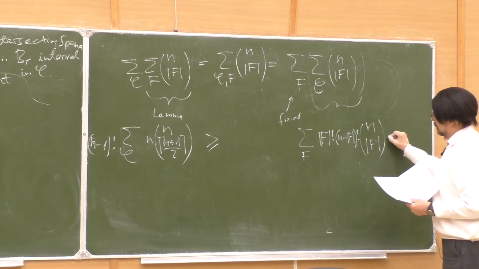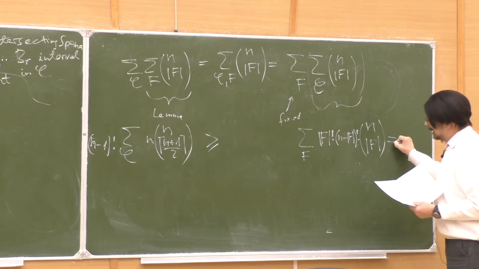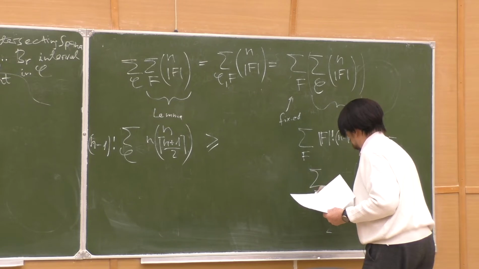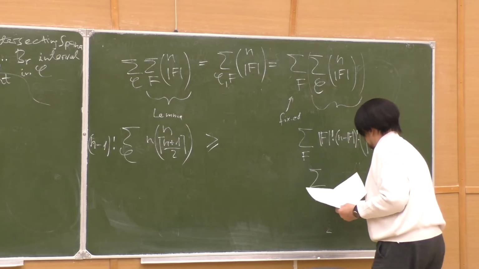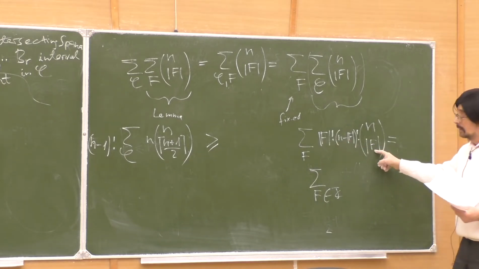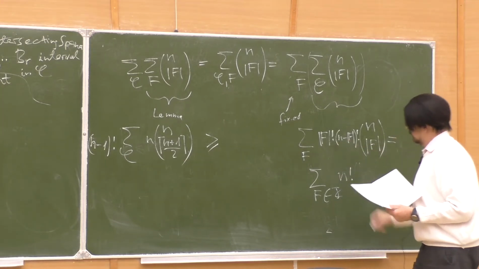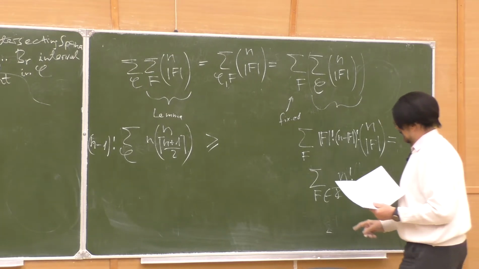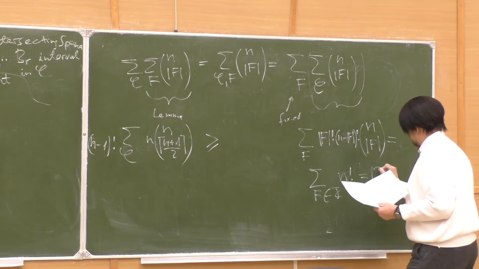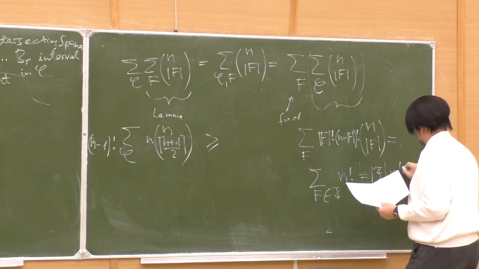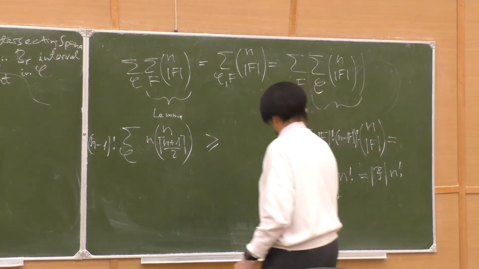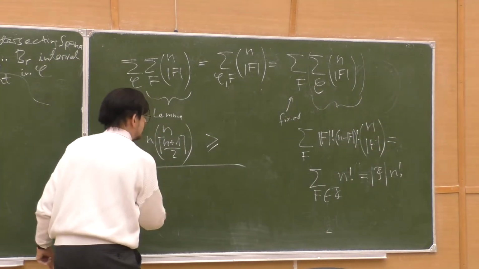And this is the sum for F, and this cancels out. So we get n factorial. And so since it's a constant, we have size of F times n factorial. So I repeat what we obtained.